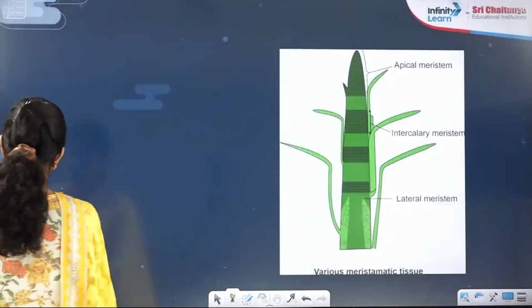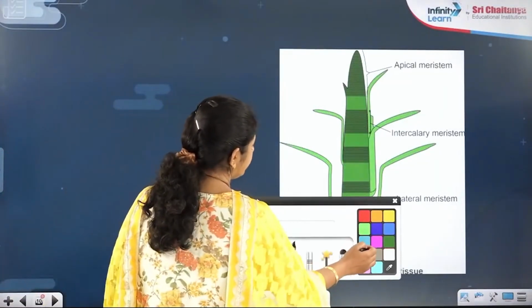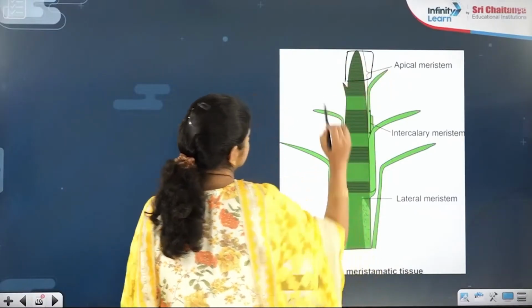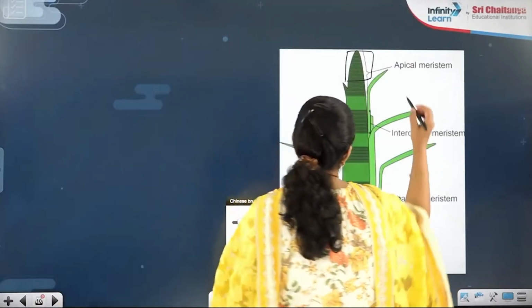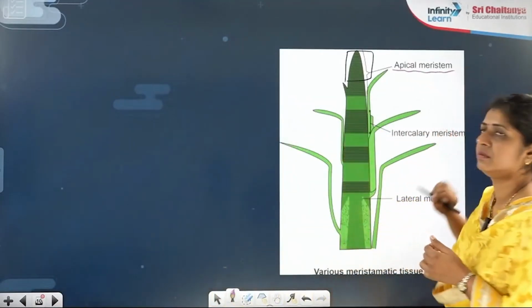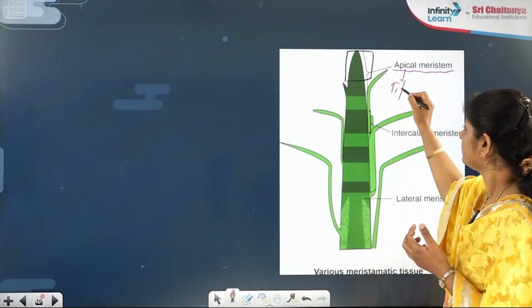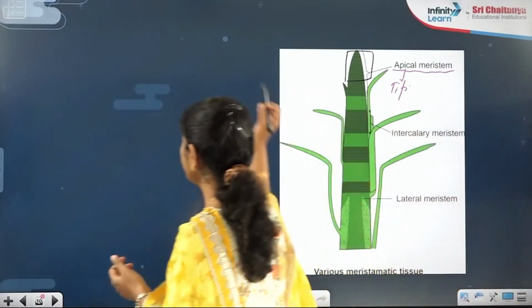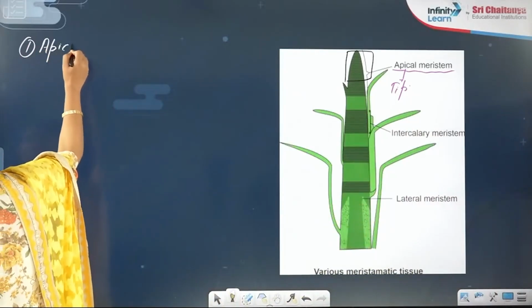So here we have these types in this diagram. You will find here at the tips we have the apical meristem. Which meristem is there? Apical. The word apex stands for the tip, right? So the first one we are discussing is the apical meristem.